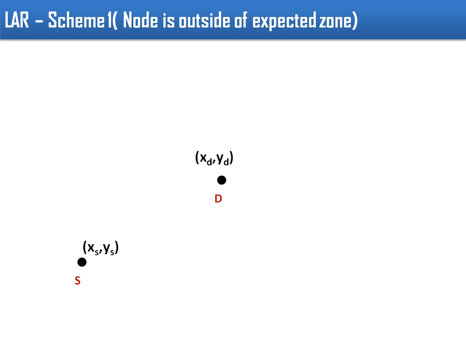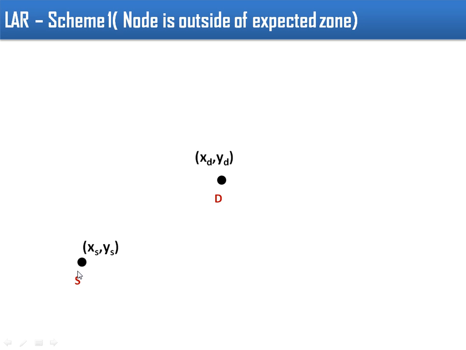Let's take an example to clear this concept. This is node S, and these are the coordinates of node S. For simplicity, we are considering coordinates in two dimensions, x and y.